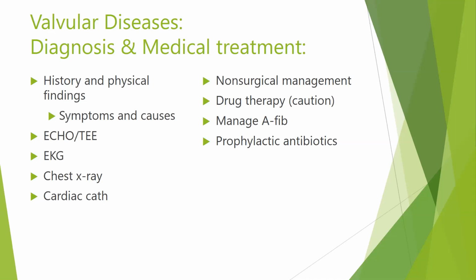Dyspnea, shortness of breath, orthopnea, paroxysmal nocturnal dyspnea, exertion. Am I anxious because of all of that? Possibly so. Do I have dysrhythmias, depending on where my valve issue is? Am I having anxiety? Remember, we talked about those.